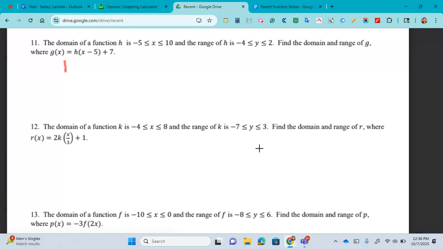Vertical translated what direction? Up 7. Excellent. So would the domain be 0 less than or equal to x, then less than or equal to 15? Excellent.